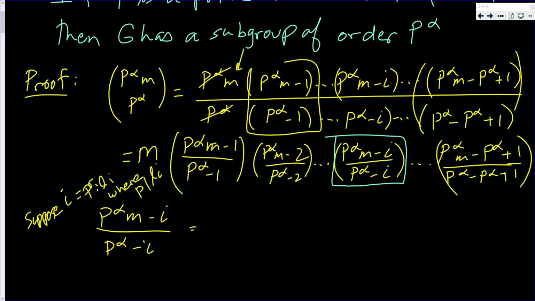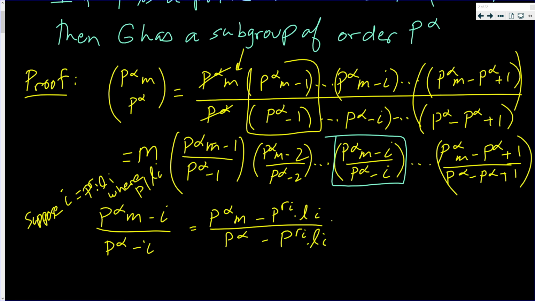Okay, so what we have is p to the alpha m minus p to the r sub i times l sub i, all over p to the alpha minus p to the r sub i times l sub i.